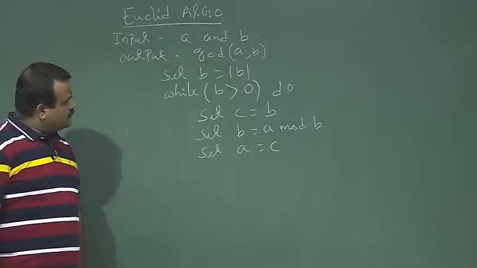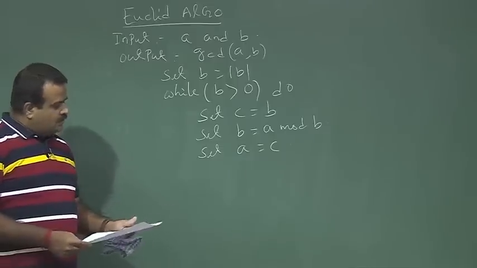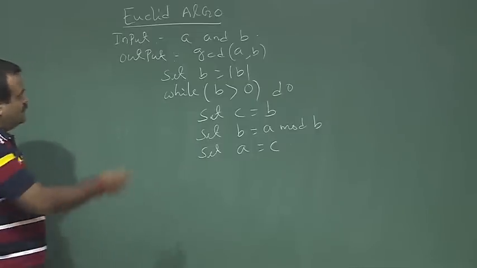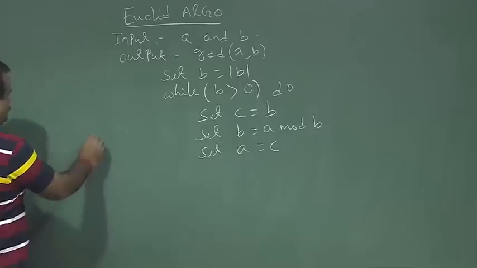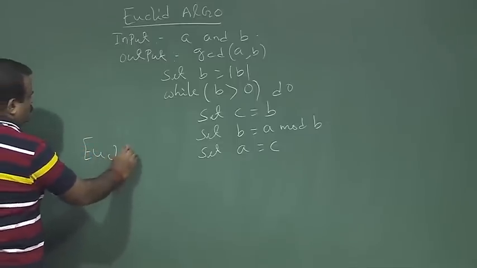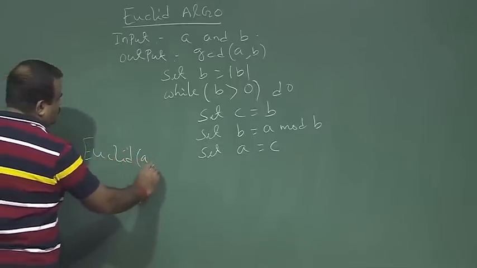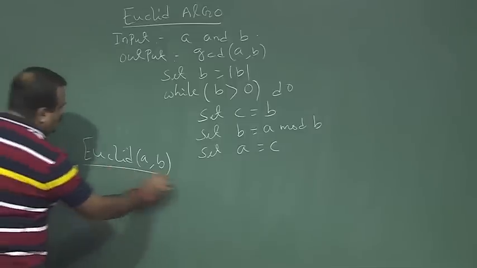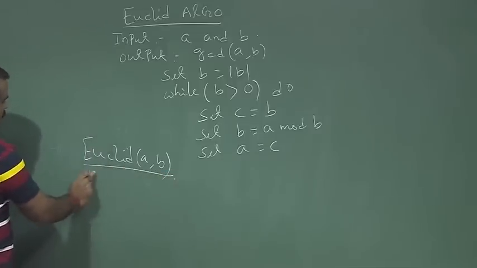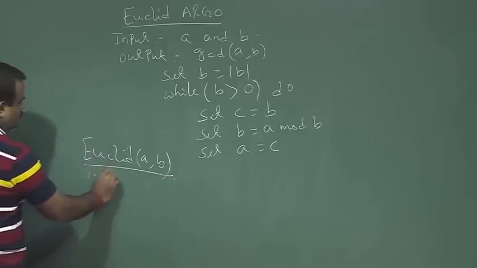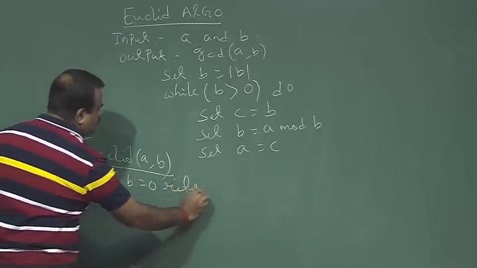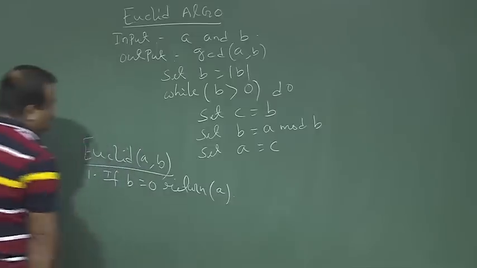Okay. So, we can think of a recursive version of this. The recursive version is basically that formula. Euclid(a, b): if b is equal to 0, then return a as the GCD.